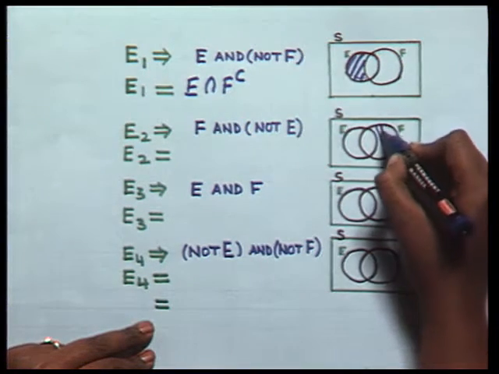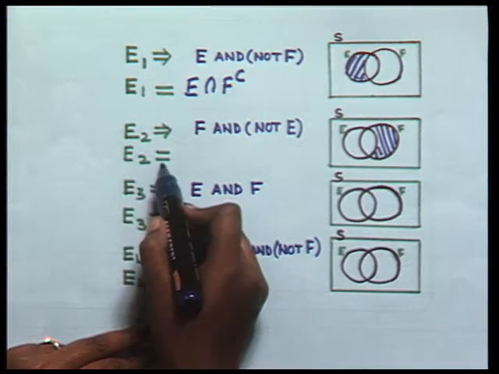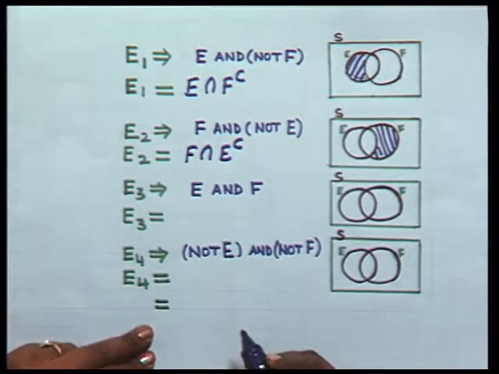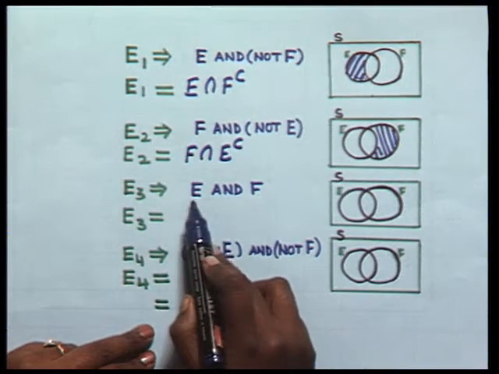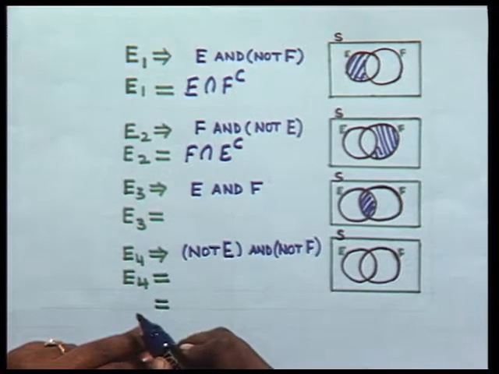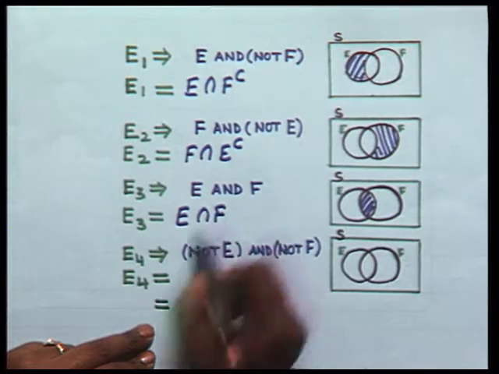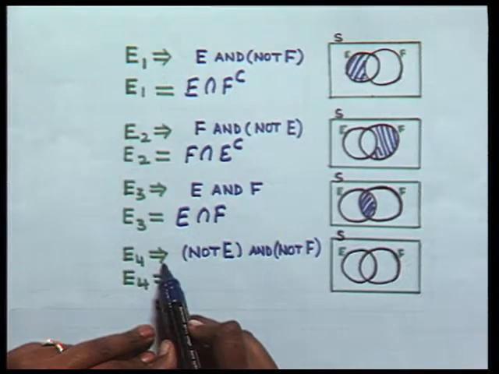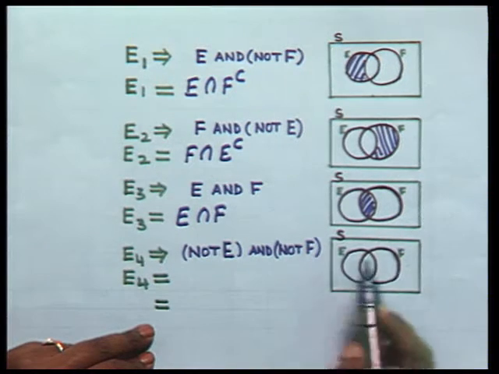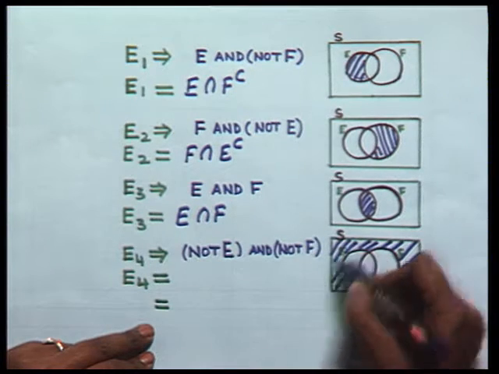In Venn diagram, for this we shade the portion which represents only F and not E, and therefore E2 is the set F intersection complement of the event E. Now E3 event says both husband and wife are selected, that means E and F. So for this we shade this portion in the Venn diagram, and E3 represents the set E intersection F. Lastly, event E4 says neither husband nor wife is selected, that means not E and not F. In Venn diagram, we can represent this set by shading the portion outside E and F.